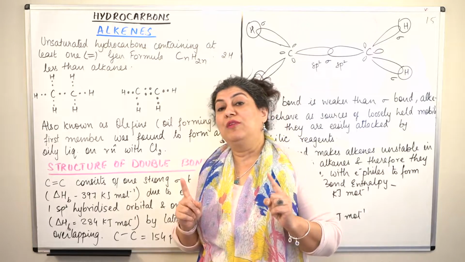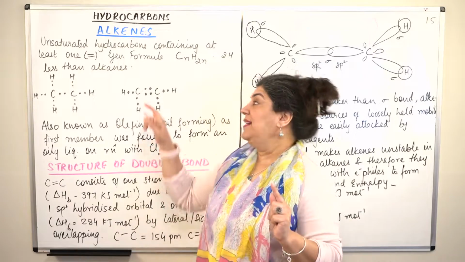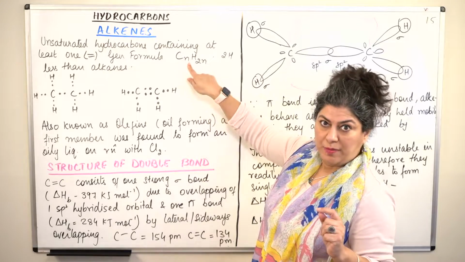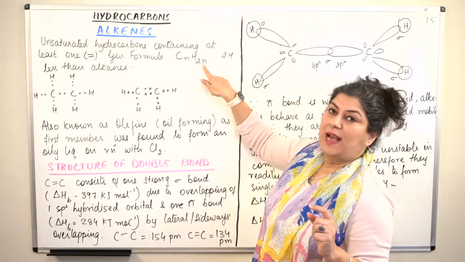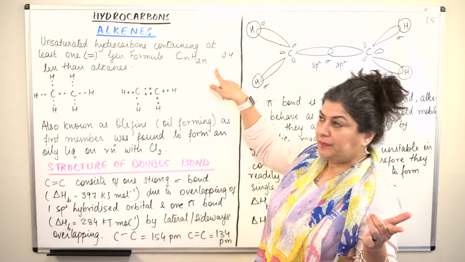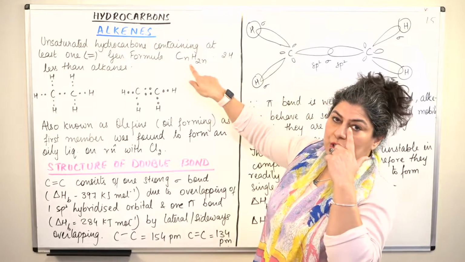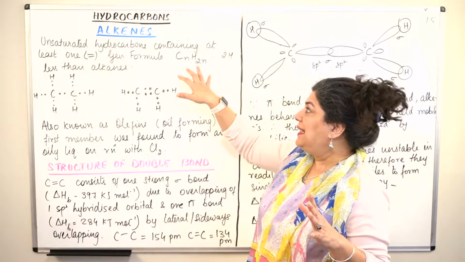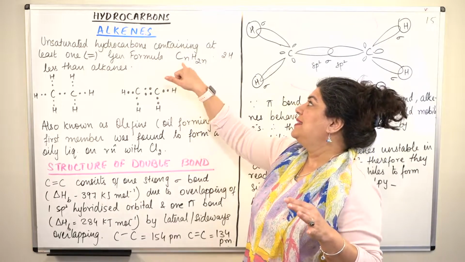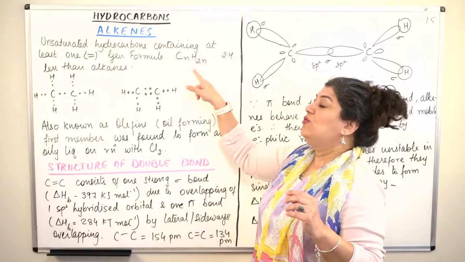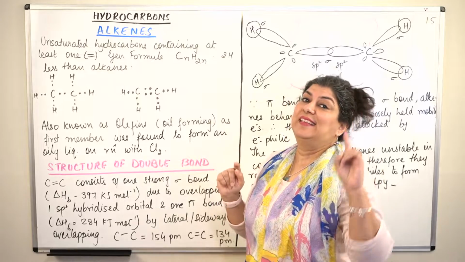The general formula for alkanes is CnH2n plus 2. It means whatever is the number of carbon atoms, the number of hydrogen atoms in alkanes is twice of that plus 2 more. So if this is 2, this would be 2 into 2, which is 4 plus 2, that is 6. But in alkenes, the general formula is CnH2n, which means that it has 2 hydrogens less than the alkanes.